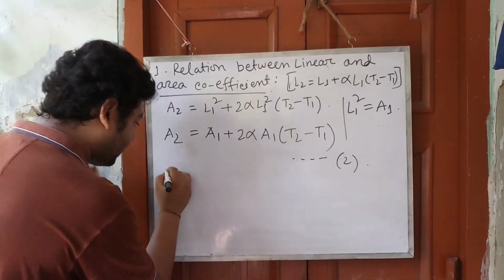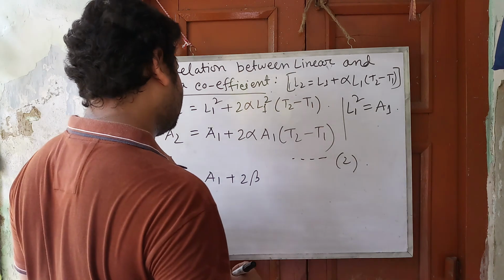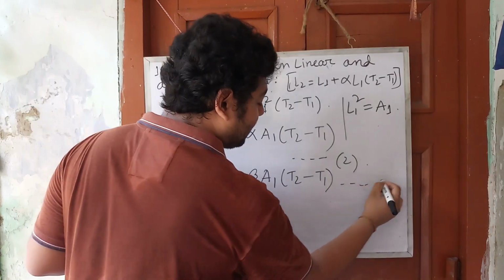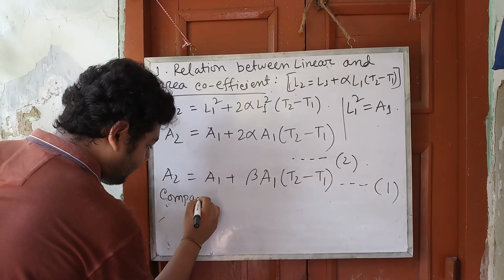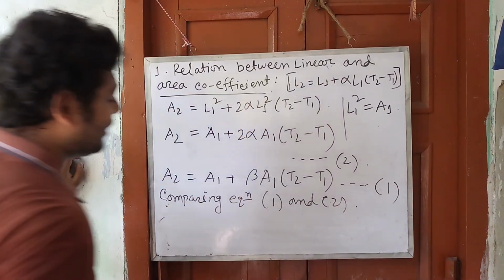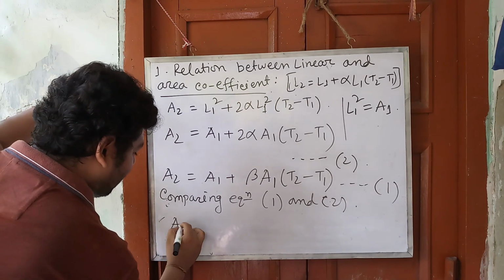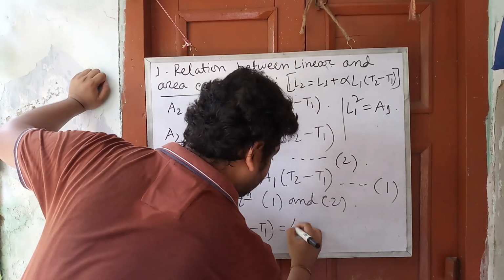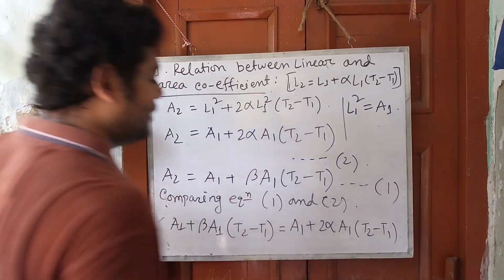Our first equation was A2 equal to A1 plus beta A1 T2 minus T1. So comparing equations 1 and 2, we can write A1 plus beta A1 T2 minus T1 equal to A1 plus twice alpha A1 T2 minus T1.